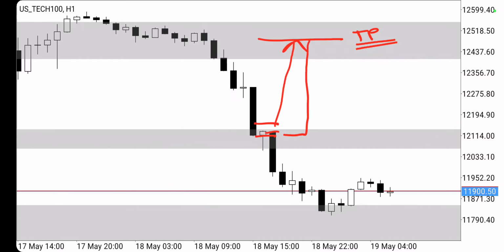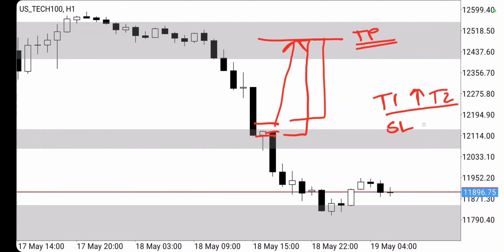Trader 1's take profit would have been much higher than this one here, which means trader 1 had a chance to make slightly more than trader 2. And the negative side, another negative side here, trader 1's stop loss is wider than trader 2's, because if you enter there and we both put our stop loss there, it's bigger than if I'm entering here and then putting it there.